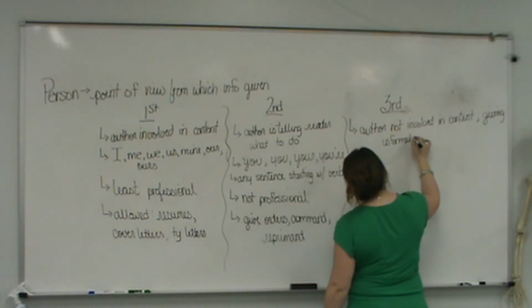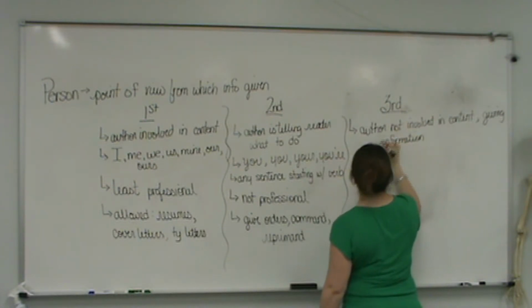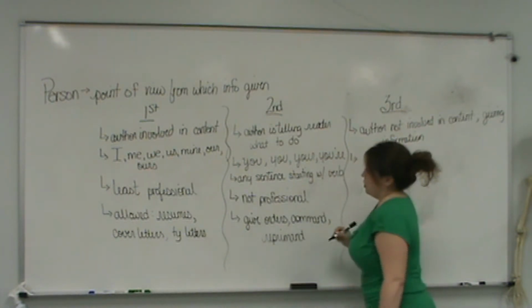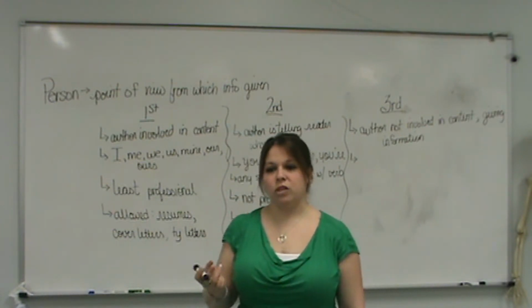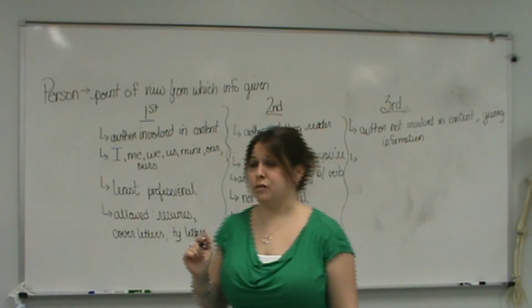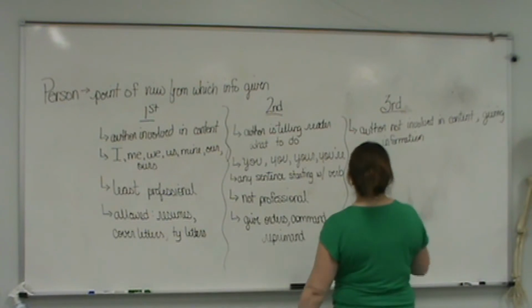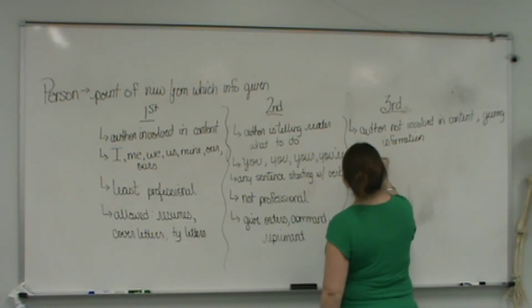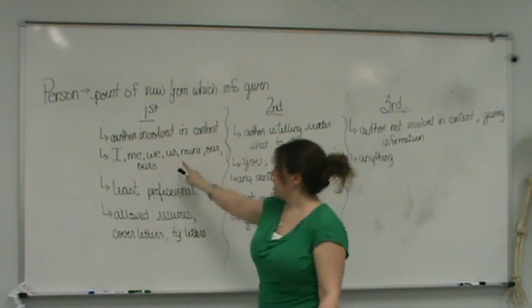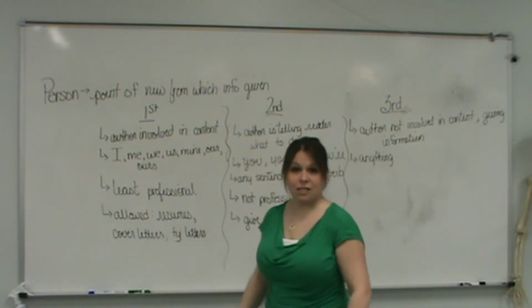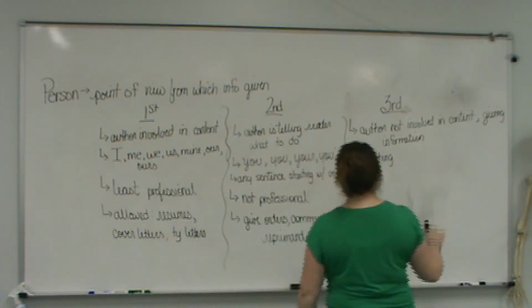So, as far as words you could use, the honest, but what could sometimes sound like sarcastic answer, for third person, the words that are okay in third person are anything that's not first or second person. So if it's not in this list and it's not in that list, it's okay to use.